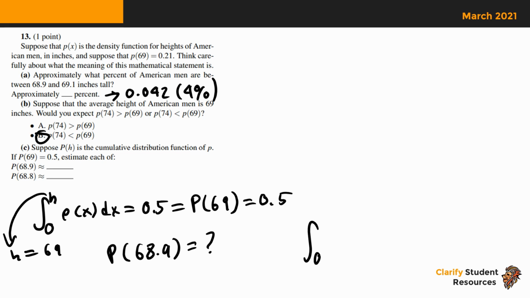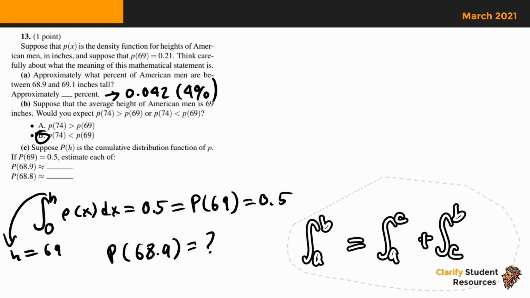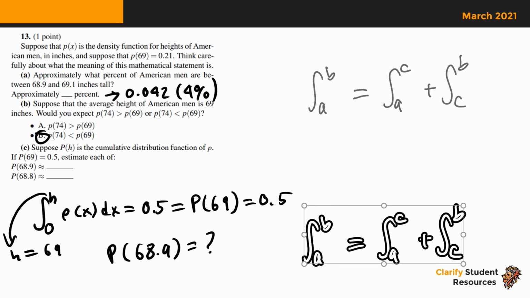When we have an integral from a to b, you can essentially split this integral up as equal to an integral from a to c plus an integral from c to b, where c is basically between a and b, right? So what we're going to do here is we're going to take this concept and use it for the PDF.